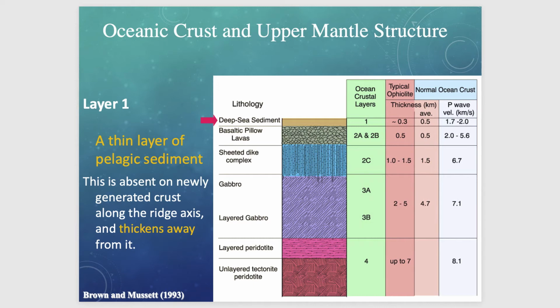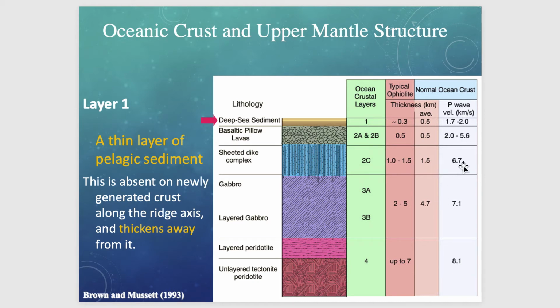Typically, layer 1 of the ophiolite will be relatively thin, less than a kilometer. Average is 500 meters up to a kilometer, and you can see here the relatively low velocities, less than 2 kilometers per second for the pressure waves.